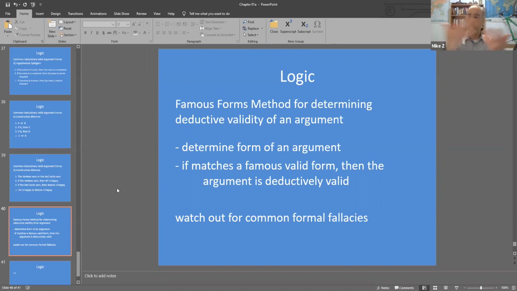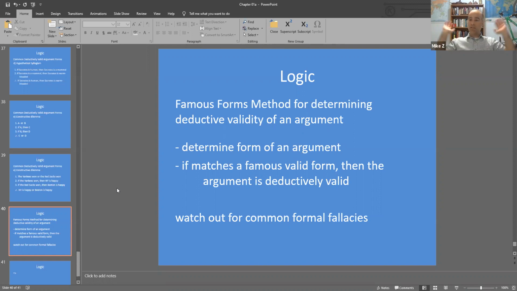So suppose you're given a paragraph from some work of literature, or somebody's presenting their case, maybe in a court case or something, and you want to find out if their argument is deductively valid. We're going to have a bunch of different ways of doing that coming up in the class, but here's a very straightforward way. You just first figure out what the form of their argument is, and if their argument matches one of these famous deductively valid argument forms, then your work is done.